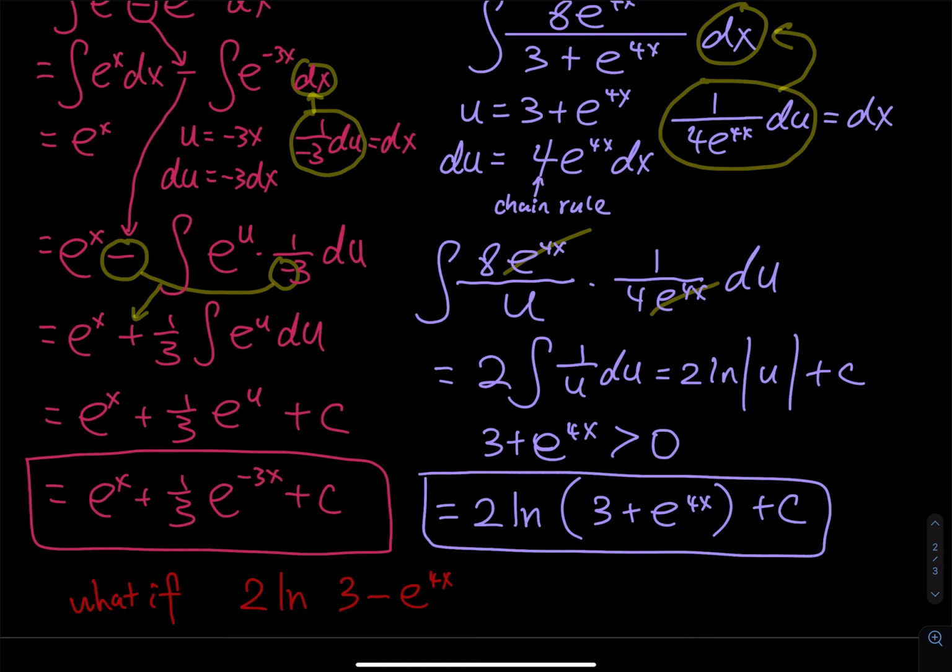So 3 minus that is absolutely negative. So therefore, if the sign is a minus, we can have a negative. So when we can have a negative, then we have to use an absolute value. Because 3 minus e to the 4x can be negative. Whenever this can happen, you have to use an absolute value. And whether or not you should use absolute value, it is your responsibility to figure this out.